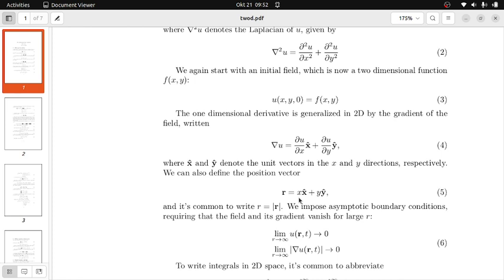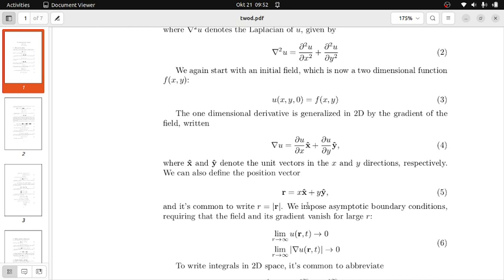And of course there is the absolute value of this vector r. If you are not familiar, this bold font usually denotes a vector, and the normal or italic font denotes a scalar, so it's important to distinguish them.